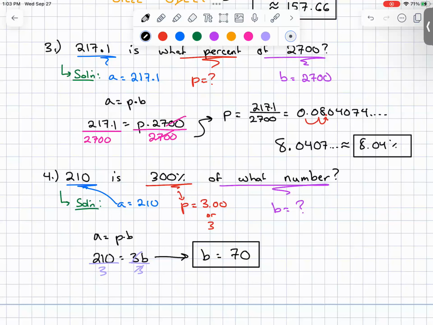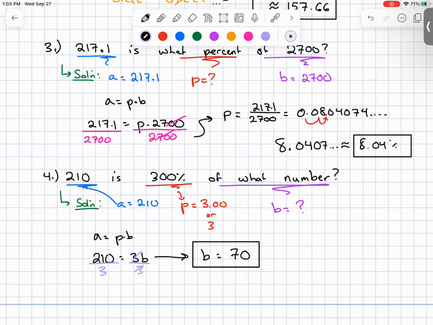So you move the decimal place 2 units to the left, getting that your p-value when you use the formula should be 3. And then a by process of elimination is 210. So 210 is equal to 3b. Divide both sides by 3. You get b is equal to 70. Any questions on that?